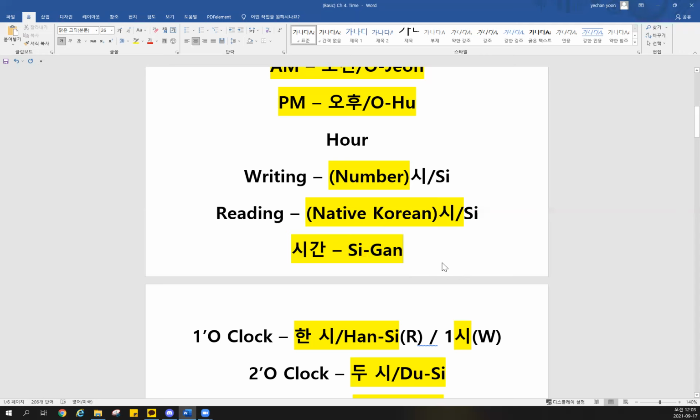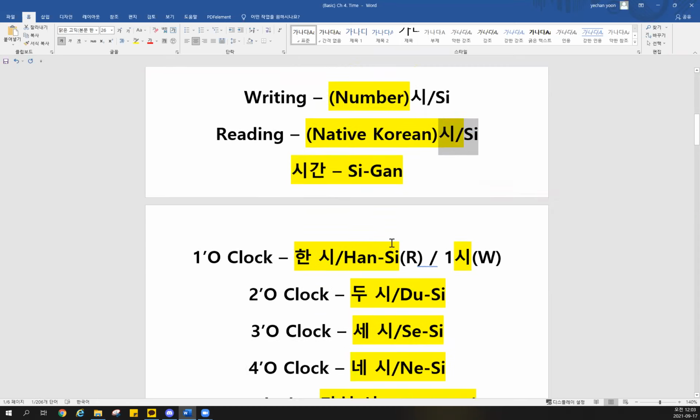But I will tell you when we're gonna use this one later. This is usually just for the writing and the reading, but it's kind of complicated to explain, so I'm gonna explain it to you after. Okay, so minute is gonna be what? Number and 분, right? And reading is gonna be Sino version and 분. Same format.